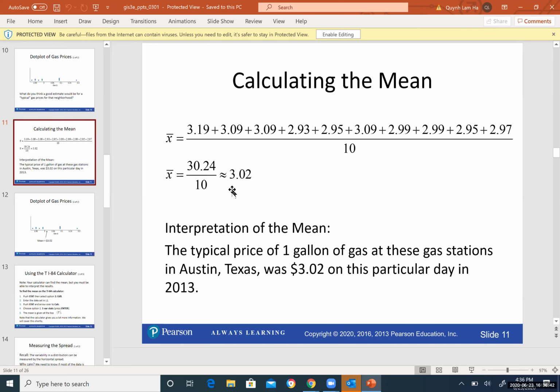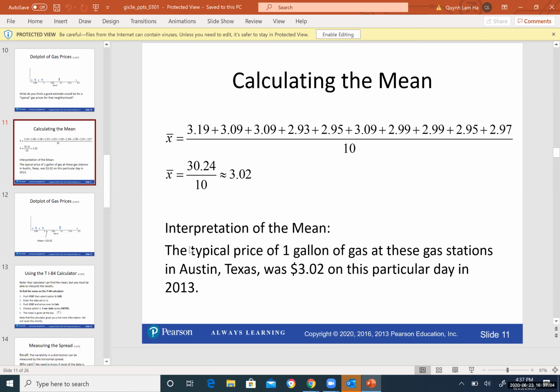You get roughly 3.02. This is the general estimate that most gas stations in Austin, Texas will be around $3.02.